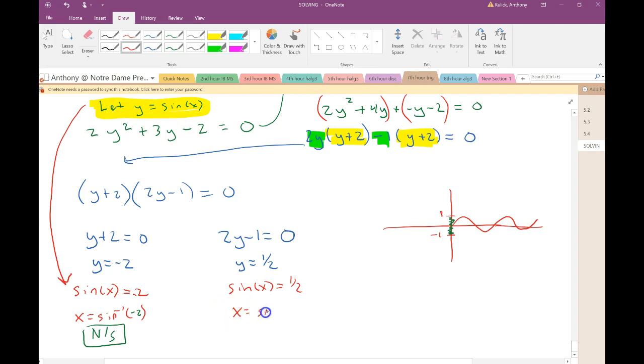So this one, again, we'll do sine inverse of both sides. And positive 1/2, is that a unit circle value? Yes. So if I go to my unit circle, where is sine equal to 1/2? Pi over 6 and 5 pi over 6.